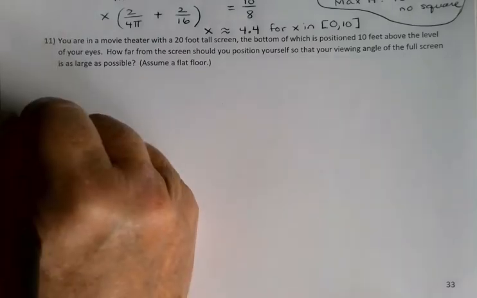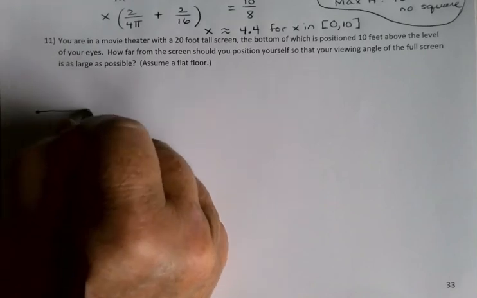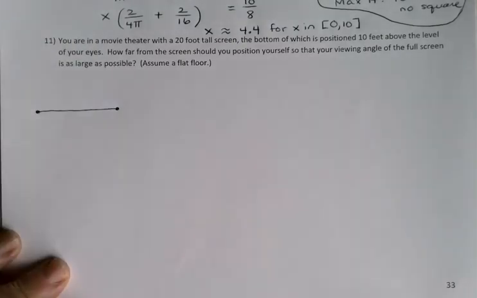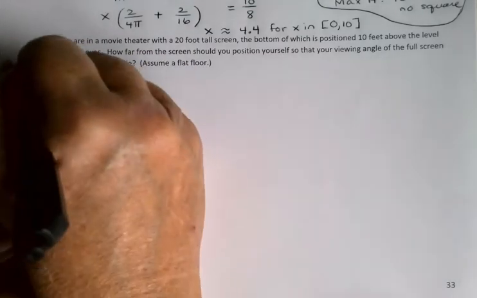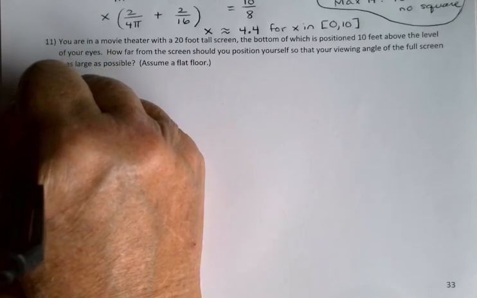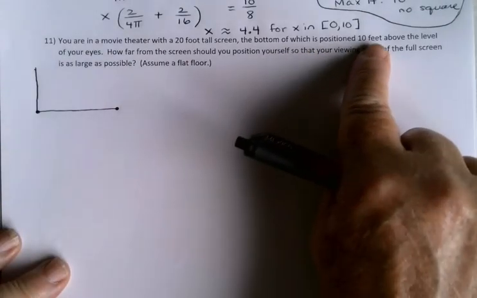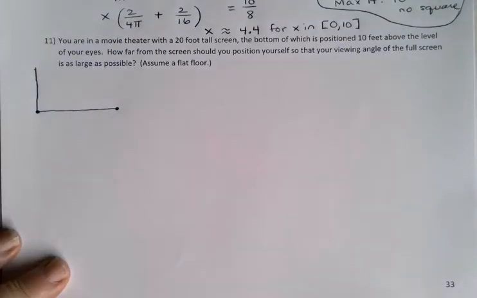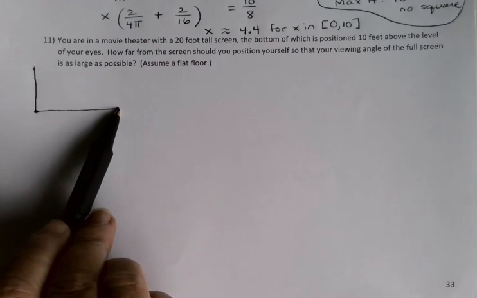All right, so let's think about what this picture would look like. Here's the flat floor of the theater. And let's see, if this is the wall where the screen is, the bottom of the screen is 10 feet above the level of our eyes. And again, I'm going to have to be just slightly unrealistic here. I'm going to assume that my eyes are here on the floor.